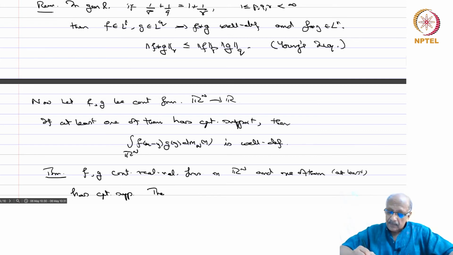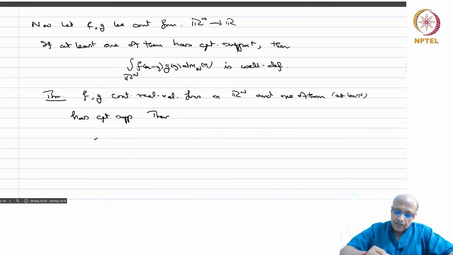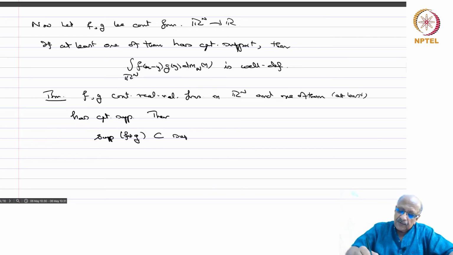Then we have seen that f star g is well defined. The support of f star g is contained in the support of f plus the support of g.